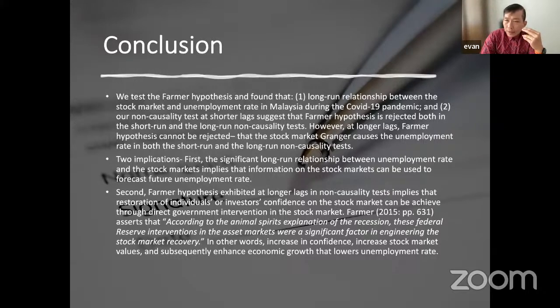And how we interpret it is that it implies that the restoration of individual or investor confidence in the stock market can be achieved through direct government intervention in the stock market.